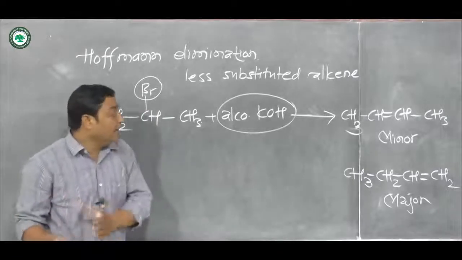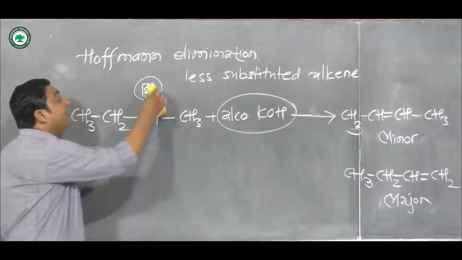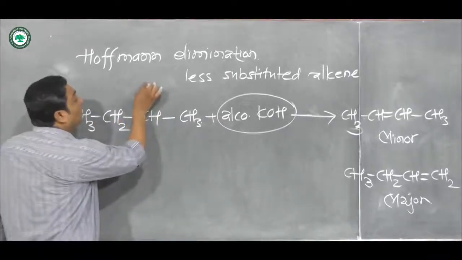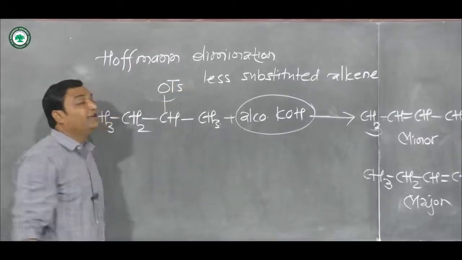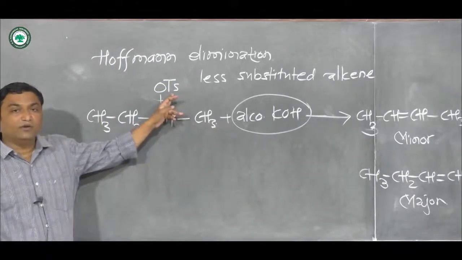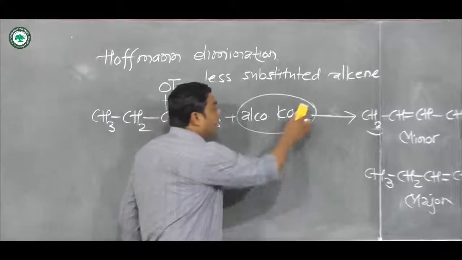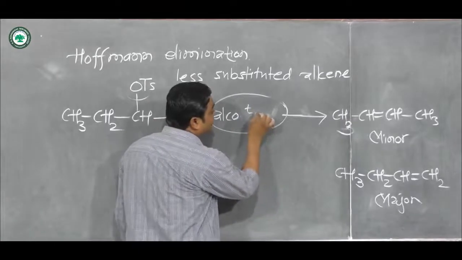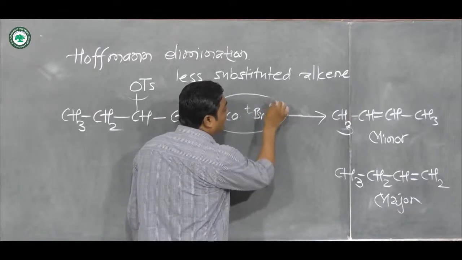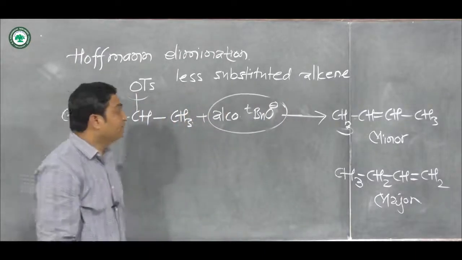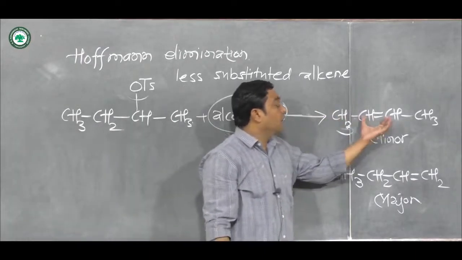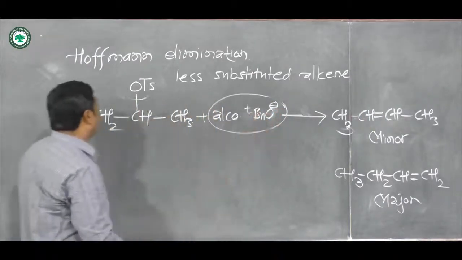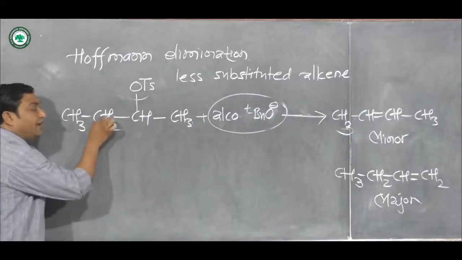bulky. That is, if we increase the steric hindrance and instead of Br, if we use tosylate OTs, which is a bulky leaving group, and along with KOH, if we use the tertiary butoxide ion, then due to its steric hindrance, it cannot abstract the more substituted beta hydrogen atom.